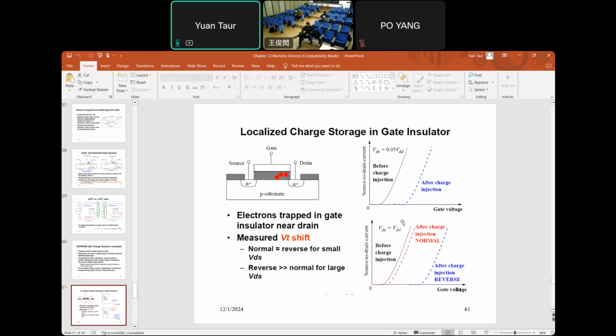But if we use a high drain bias, VDS is high, in that case we can measure.